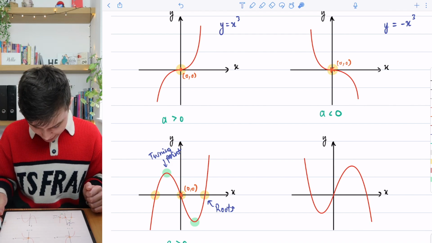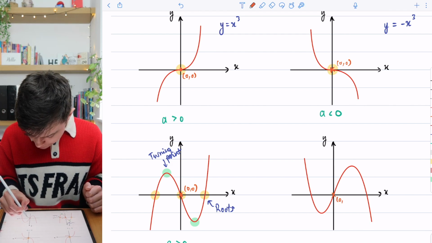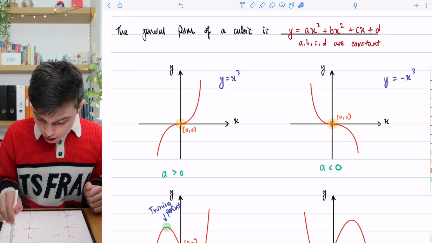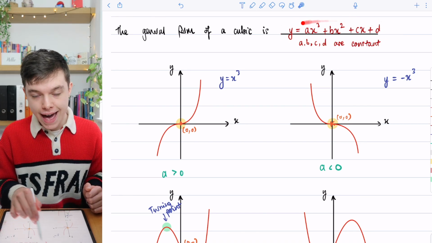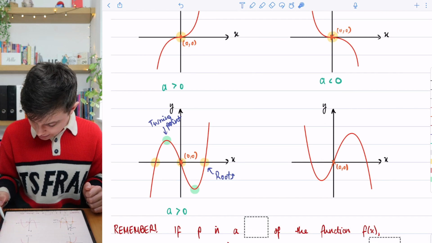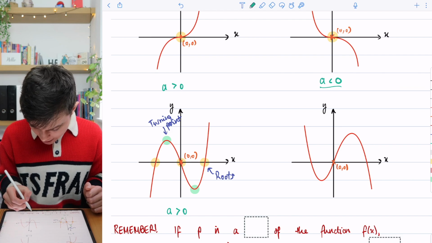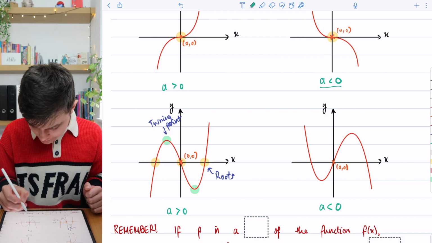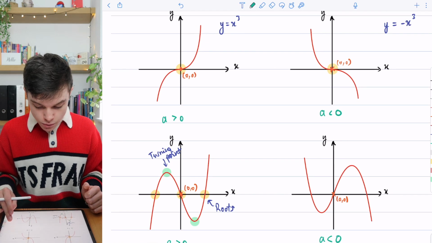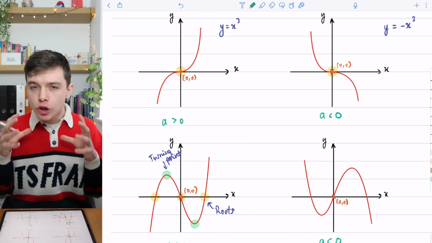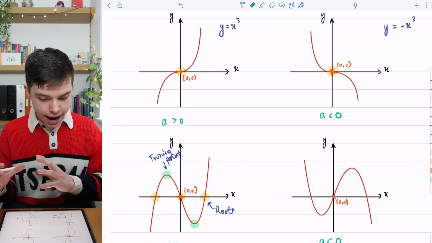Okay, so again, there's the origin, and that could be some cubic in the form ax³ + bx² + cx + d. And again, just like we had up here, that's where a is less than 0. Okay, so those are the general looks of a cubic graph.